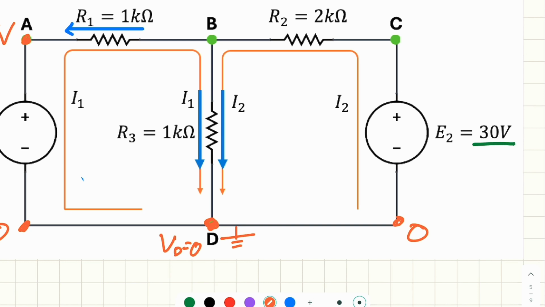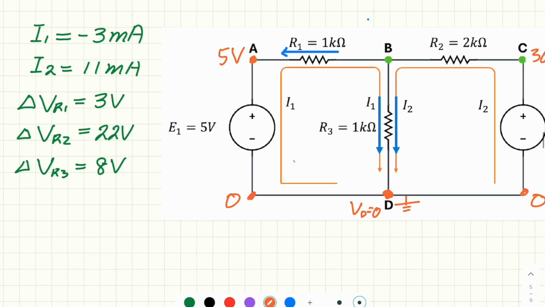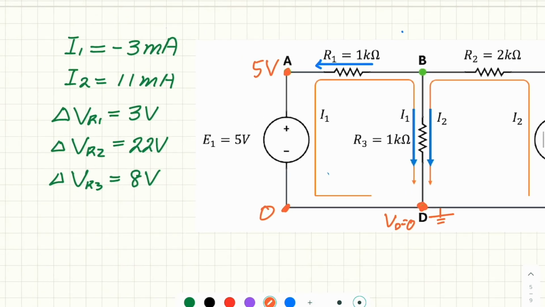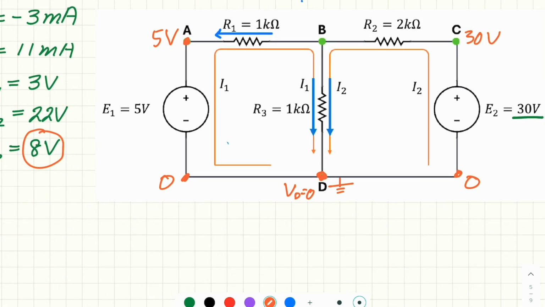So at C, the voltage must be 30 volt. Now, let's look at V3. V3 is 8 volt because D is 0 and we know the current flows from B to D. So B is at a higher voltage and therefore the voltage must be positive 8 volt.